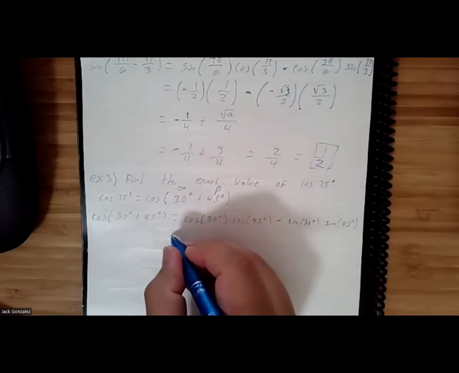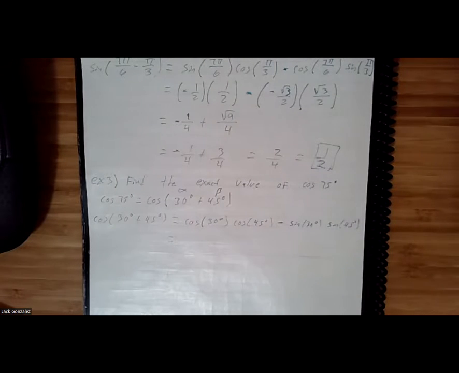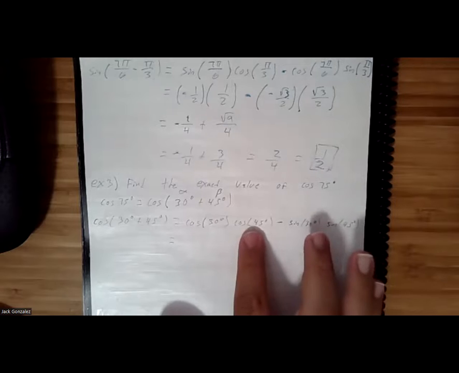Now we just look at the circle again. What is cosine 30? What is cosine 45?